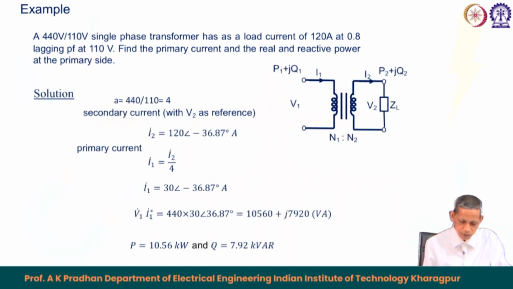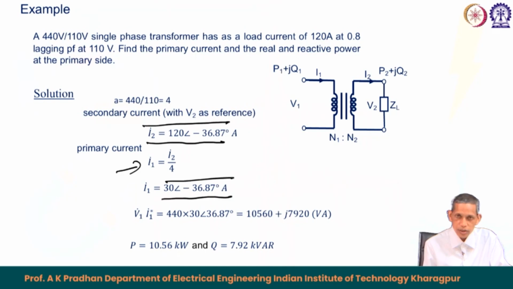This results in I2 being equal to 120 with angle minus 36.87, and the primary current is I2 upon 4. So, that results in 30 with an angle of minus 36.87 and then V1 I1 conjugate. So, we get this to be 440 into 30 with an angle of plus 36.87.